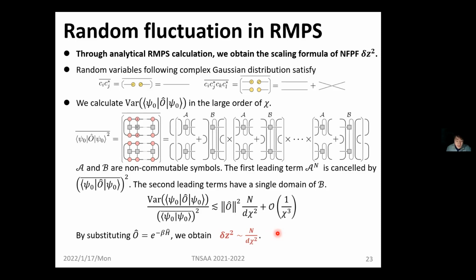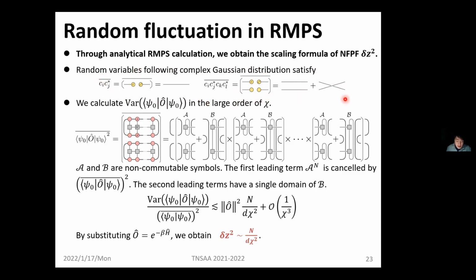We want to evaluate the variance of psi0. For this purpose, we use the equality that variables Ci generated from the complex Gaussian distribution satisfy these relationships when taking the random average.